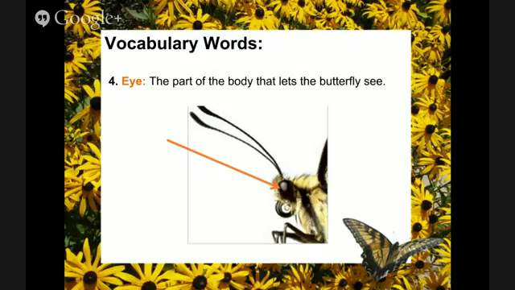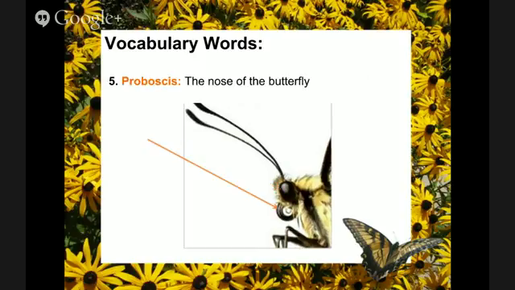Then we have the eye, which we all know is very important. This is the part of the body that lets the butterfly see, so it's able to fly around. The proboscis is the nose of the butterfly. As you can see, it looks kind of like a horn, and it's right below the eye.